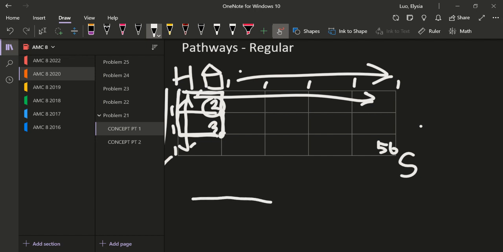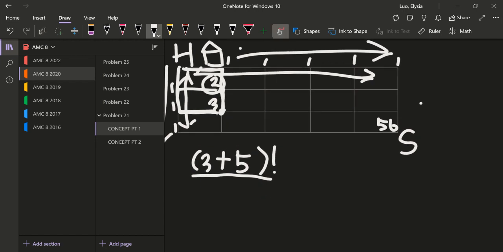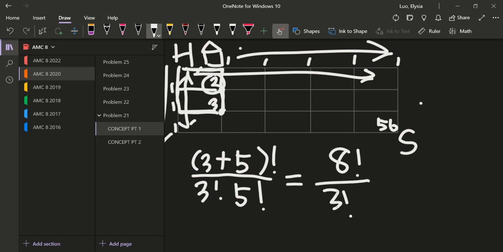So, essentially, you're going to have a fraction. On the numerator, you're going to put (3 plus 5) factorial. And on the bottom, you're going to put 3 factorial and 5 factorial. Now, what does that give you? That gives you 8 factorial divided by 3 factorial times 5 factorial.